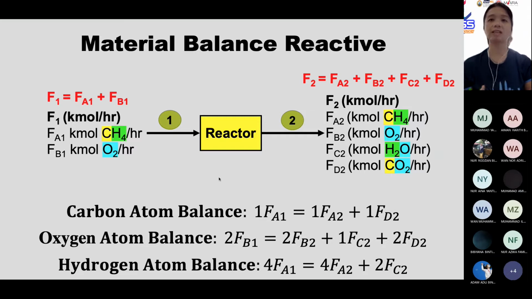So it depends on your process. Maybe your process has nitrogen, sulfur, or other kinds of atom. For every one type of atom, you can do one balance. So say you have 4 types of atom, you get 4 equations. For my case, I only have 3 types of atom, so I can only do 3 atom balances.